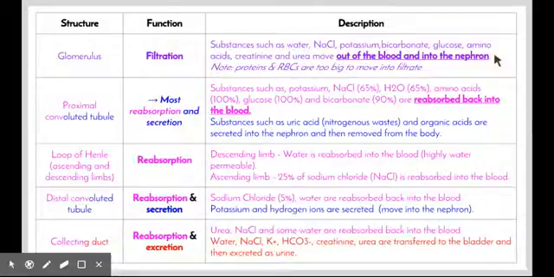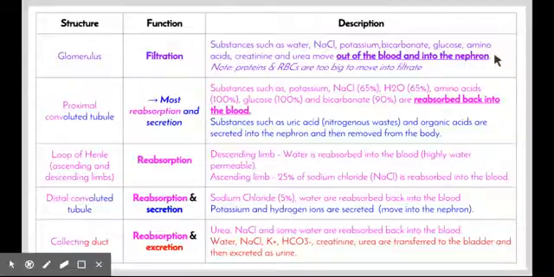The proximal convoluted tubule is involved in reabsorption and secretion. So substances such as potassium, sodium chloride, water, amino acids, glucose, and bicarbonate are reabsorbed back into the blood, while substances such as uric acid, which is a nitrogenous waste, and organic acids are secreted into the nephron and removed from the body.